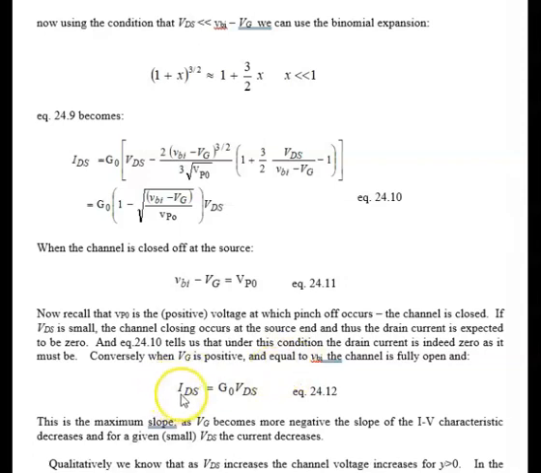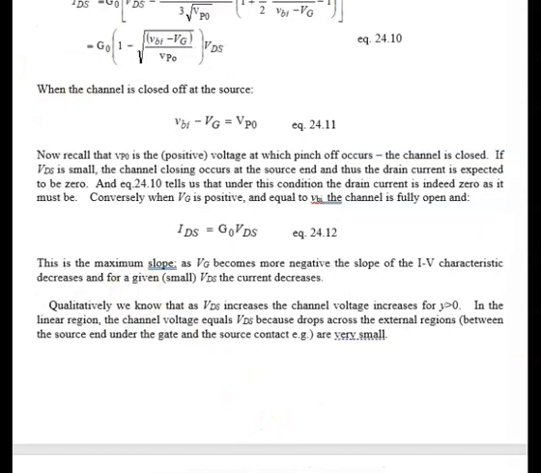And in that case, this term will go to 0, and IDS is equal to G0 times VDS, because at the source, at least, we are fully open, and at the drain, we have just a little bit of voltage, and so we have a thing that acts like a variable resistor, whose resistance is 1 over G0, and we're in the linear region. Not a good place to operate.